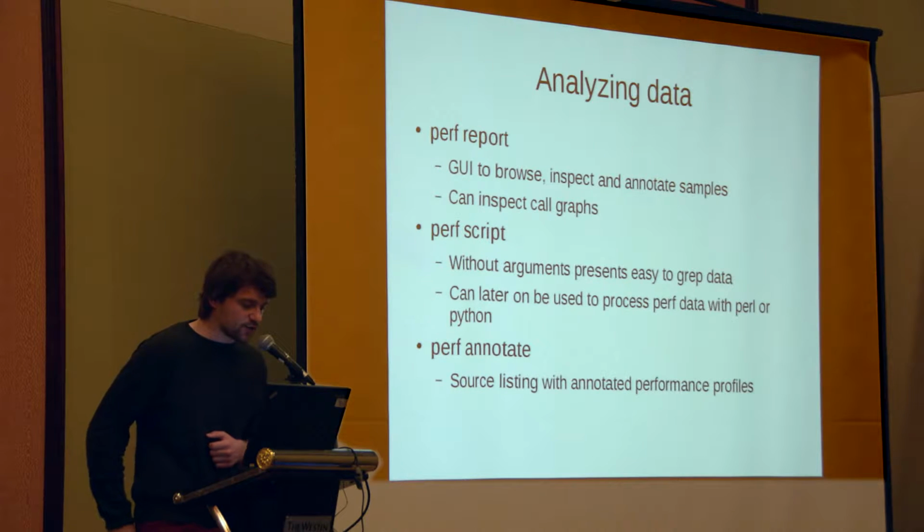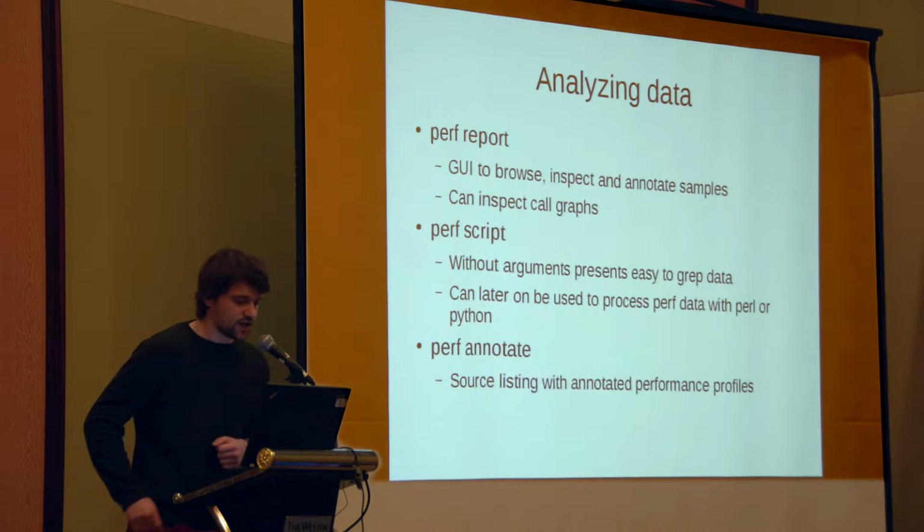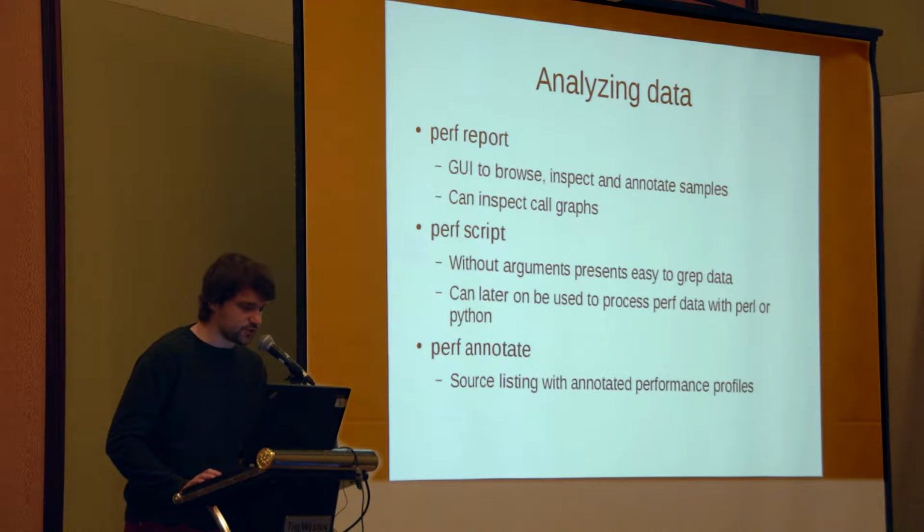And there's perf annotate. Perf annotate gives you an assembler view or a source code view with source code and assembly interleaved, and annotates which hotspots perf found in your code. We will see those tools later on a bit more closely.